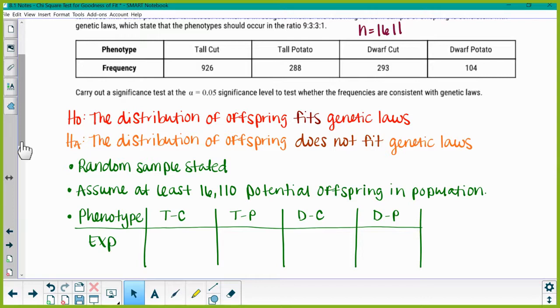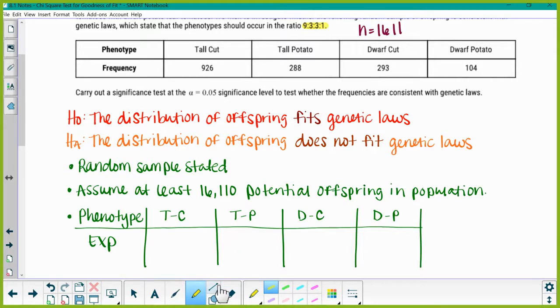Now, I did set up my table to calculate the expected counts. This is not an expected distribution where we're saying they're equal across the board. This is one where we're trying to follow a ratio of 9:3:3:1.